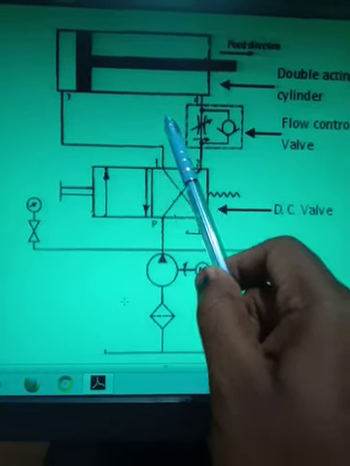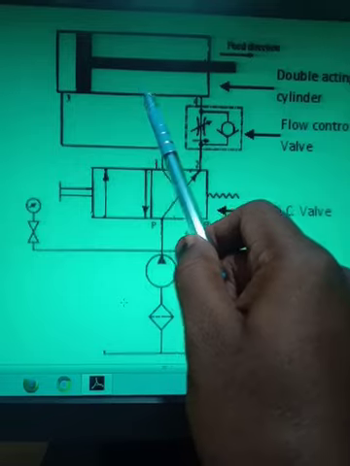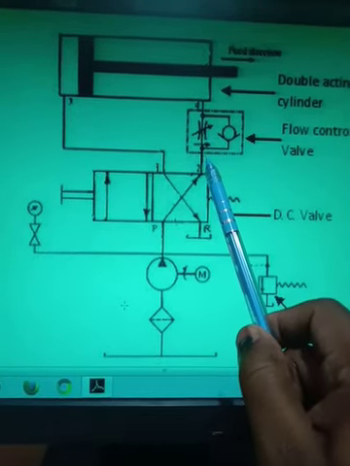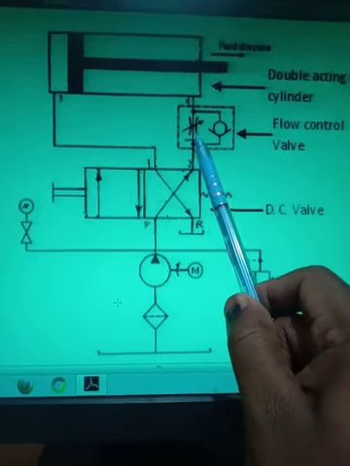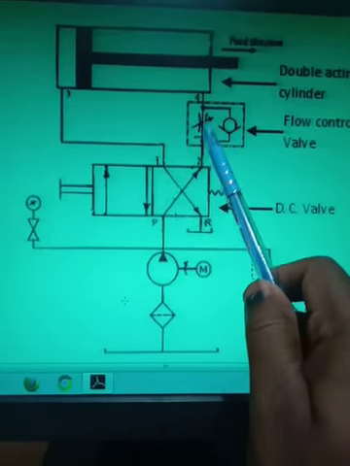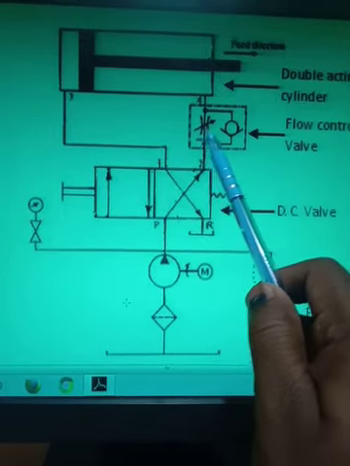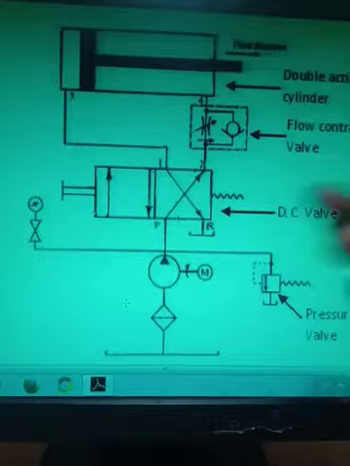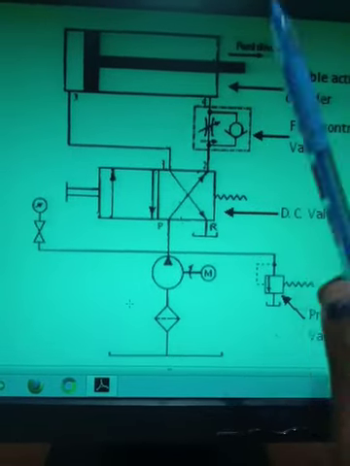So whatever oil is stored here will not flow freely through this flow control valve. The oil will get some restriction to the flow, meaning it will get some resistance, because this flow control valve is at what setting? Say 70%, right? It can be at any setting, depending upon how much speed control you want.